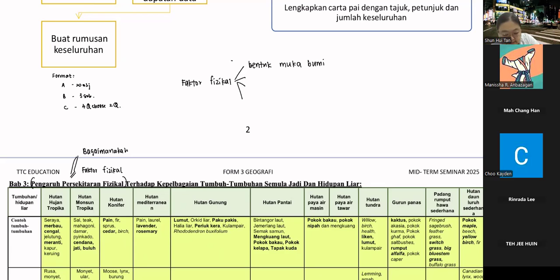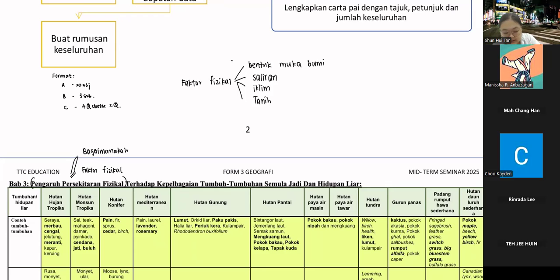And not only landscape, the source of water, saliran, will also affect the plants and animals. Followed by iklim and tanih.